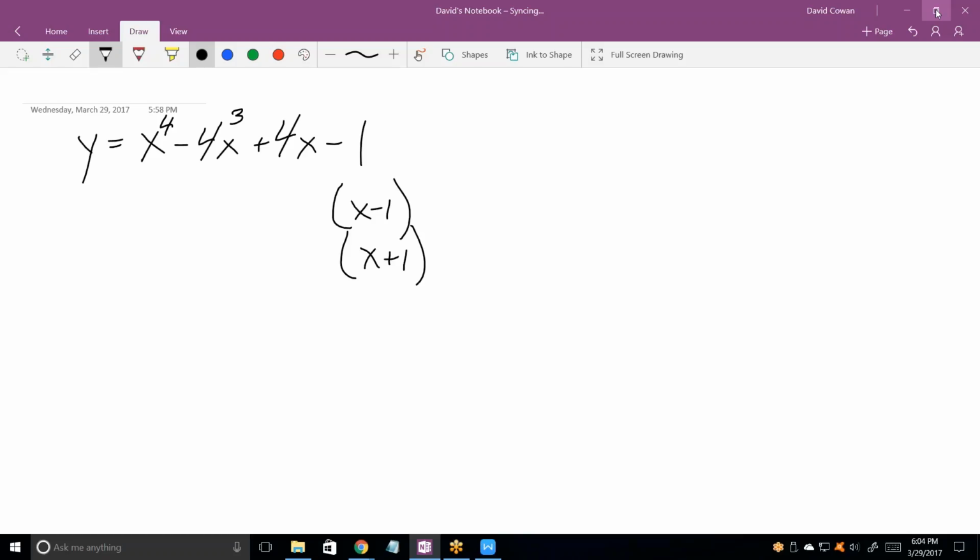So let's do it. Across the top, I'm going to put my coefficients. Notice I need a 0 for the x squared term. See why? So my first solution based on that is plus 1.